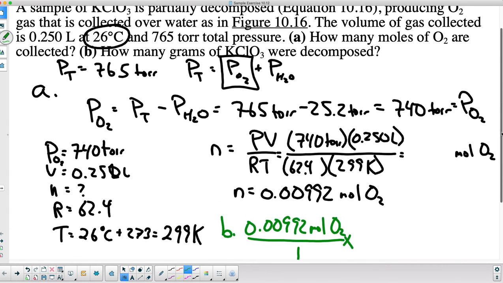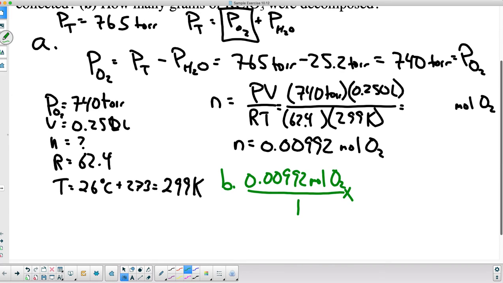So it's a 3:2 ratio, which means that if I'm talking about number of moles of KClO3, that would be 2 moles for every 3 moles of O2, like that. Good. So once I make this calculation, I'm going to multiply by 2, divide by 3, and I get the number of moles.